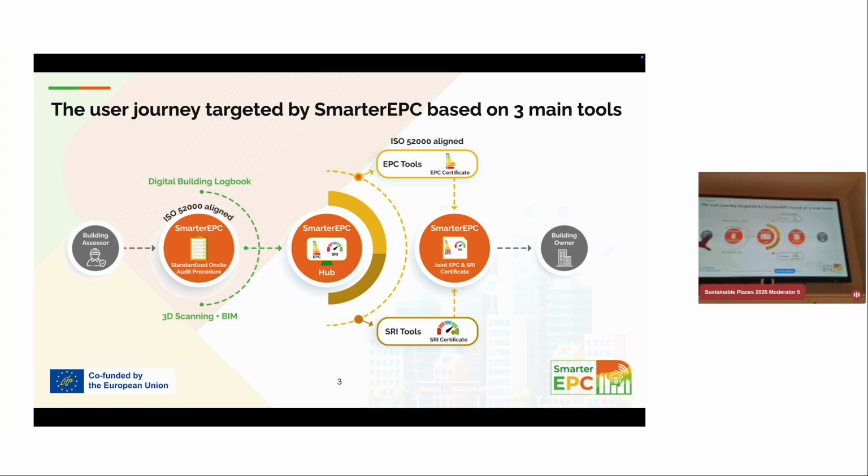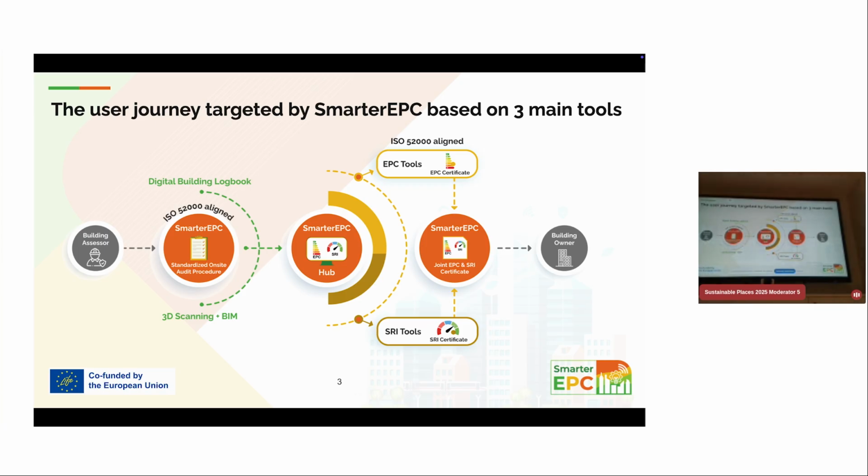So we have this first block, and this input data should go into the Smarter EPC hub. The main added value of this hub is to have this integrated data interface, because the hub is connected itself to existing EPC and SRI tools.